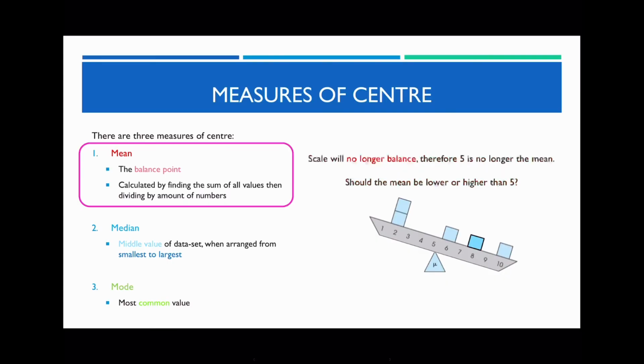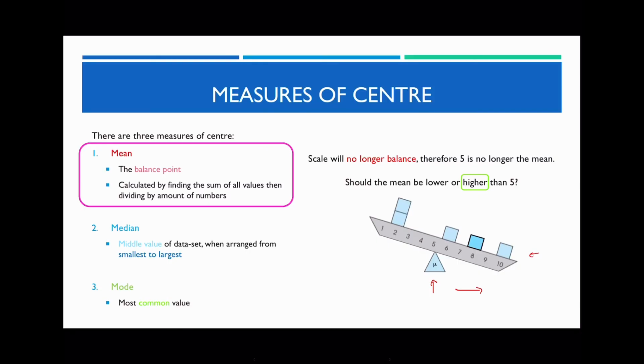What would you expect the new mean to be? Would you expect it to be lower or higher? If you had these tactile materials with you, you would agree with me that if I slide this balance point to the right, this will balance the scale. So our mean needs to be higher in order to balance our new data set.